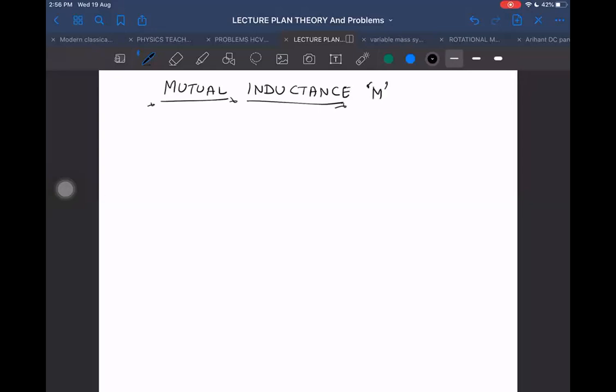I did not derive the formula for that, but I just discussed what is mutual inductance. So today we will derive some mutual inductance formulas.